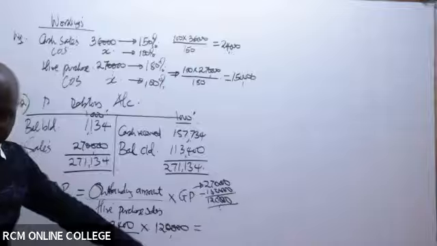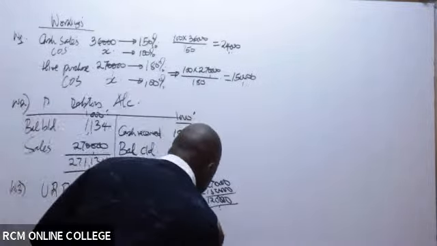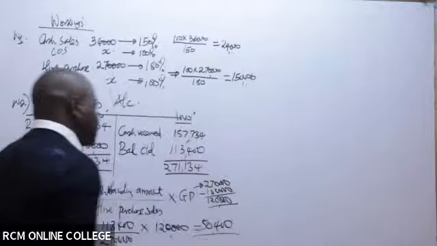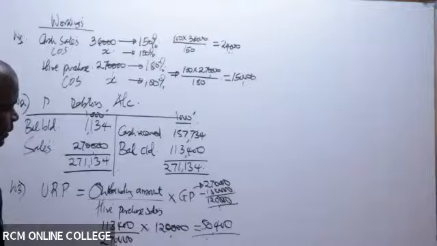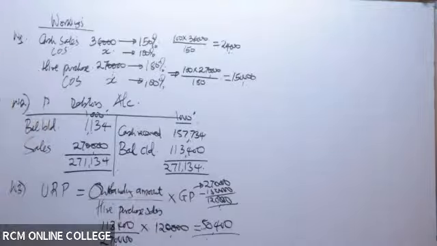So what is the amount you get here? It is 50,400. So that is the unrealized profit. When you come up with the income statement, because this profit you haven't been able to realize by the end of the year, it's like an expense you incur. So it will be part of the expenses when you come up with the income statement.